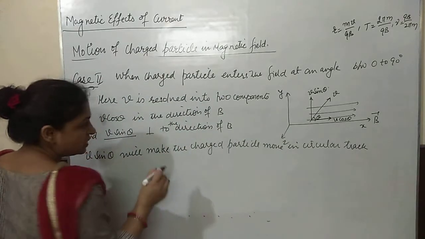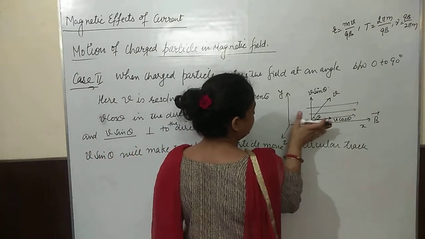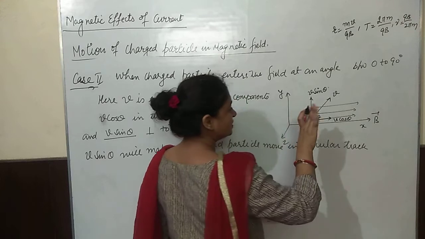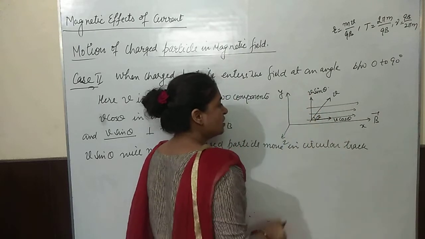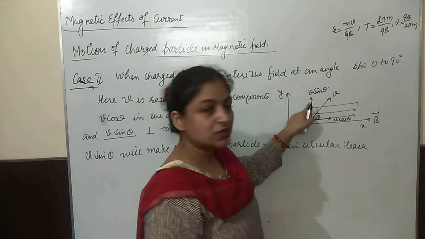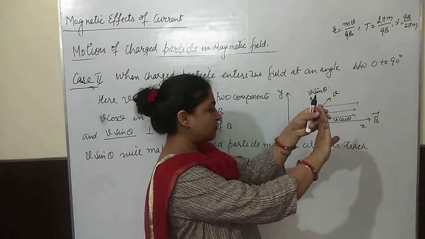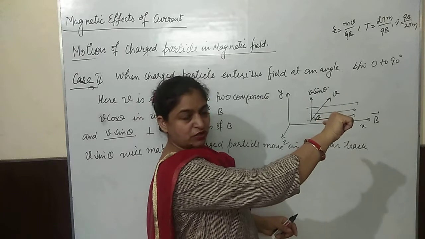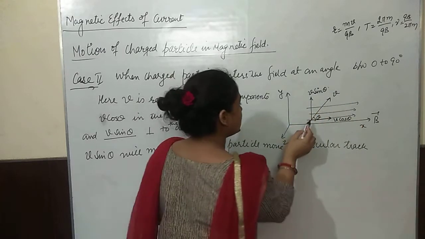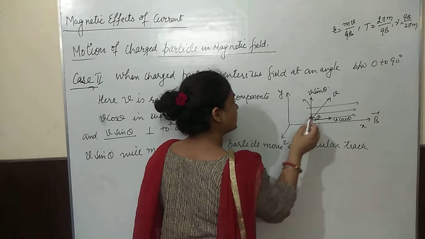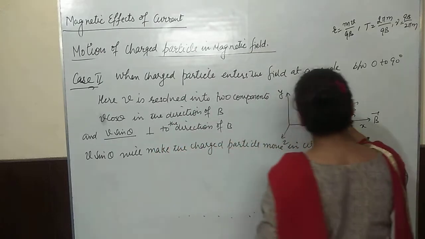So circular track means here this is the velocity, the magnetic field is in this direction, and the force is inwards. Again, because of this velocity component we can find out the magnetic force. You can stretch your fingers in the direction of velocity, curl them in the direction of the field, inwards. So here the charged particle is going to turn inward.